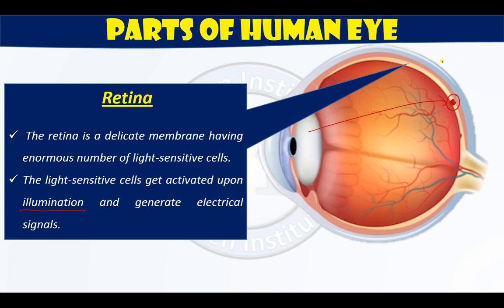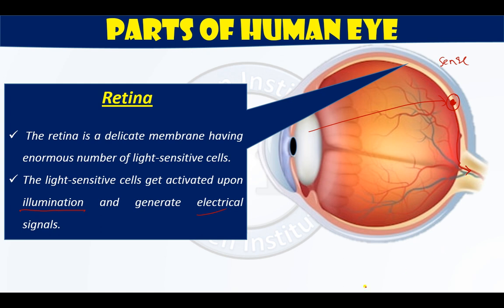This cell will sense this light, and as it senses this light, it will generate some responses, and those responses are nothing but electric signals. Those electric signals will be carried by these nerves, the optical nerves, and these optical nerves will carry these signals to the brain.